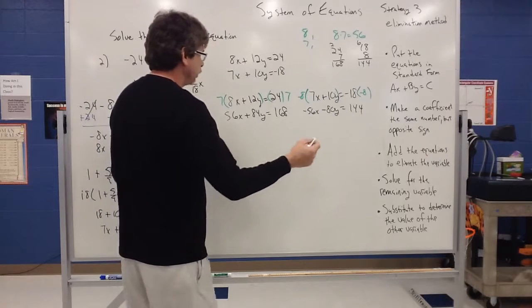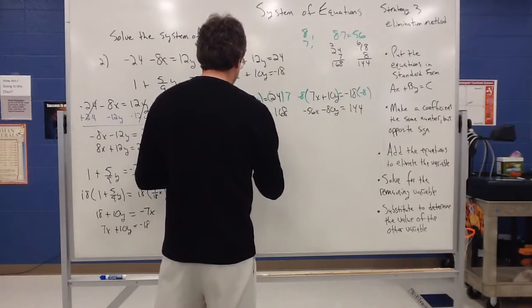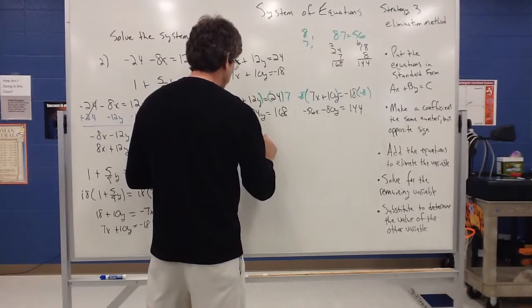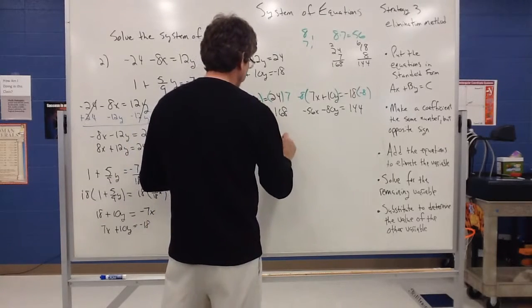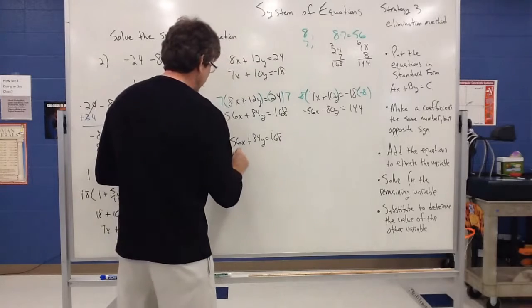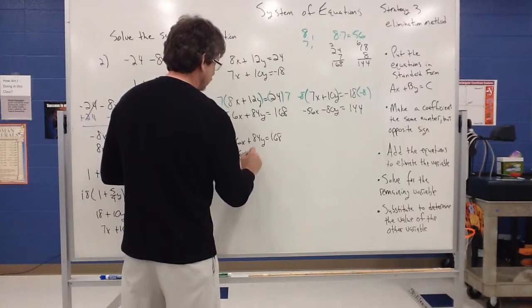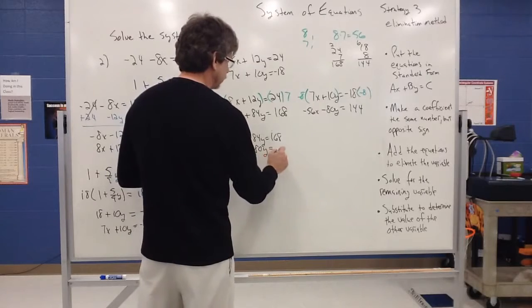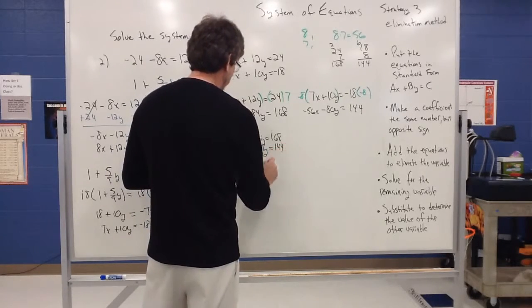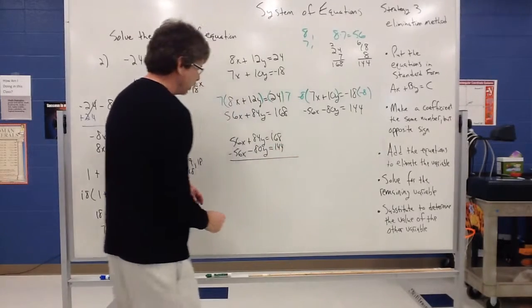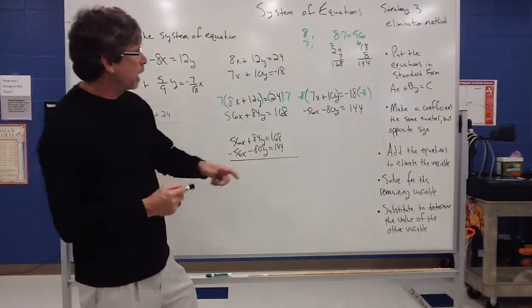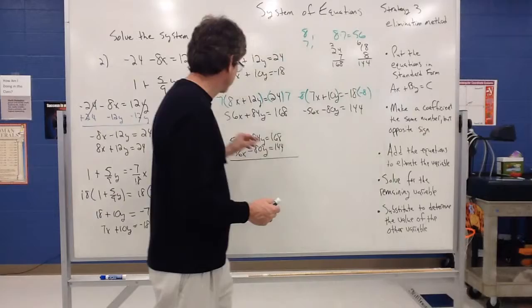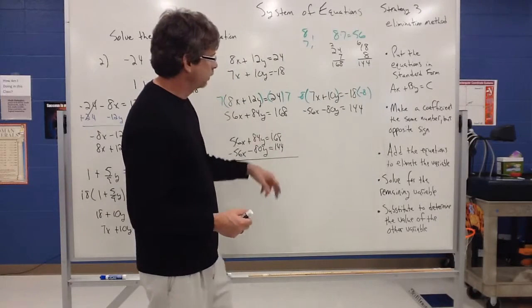So what I'm going to do now is bring these together. I'm going to have 56x plus 84y equals 168, and negative 56x minus 80y, sorry, yeah, 80y, is equal to 144. So I made my coefficients the same number but opposite in sign. I chose the x's in that case.